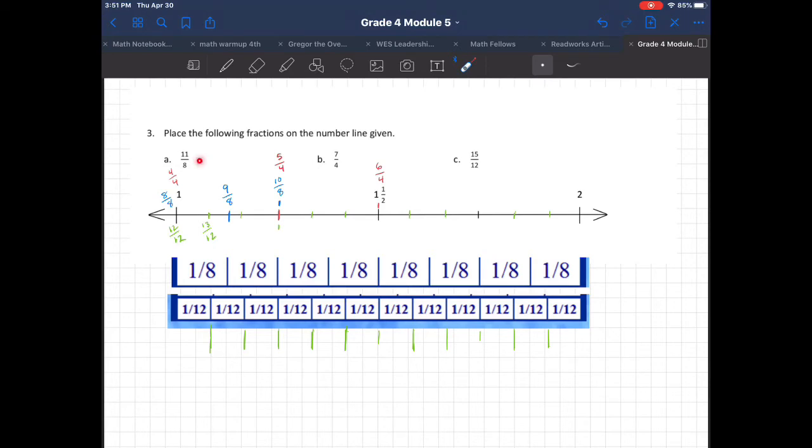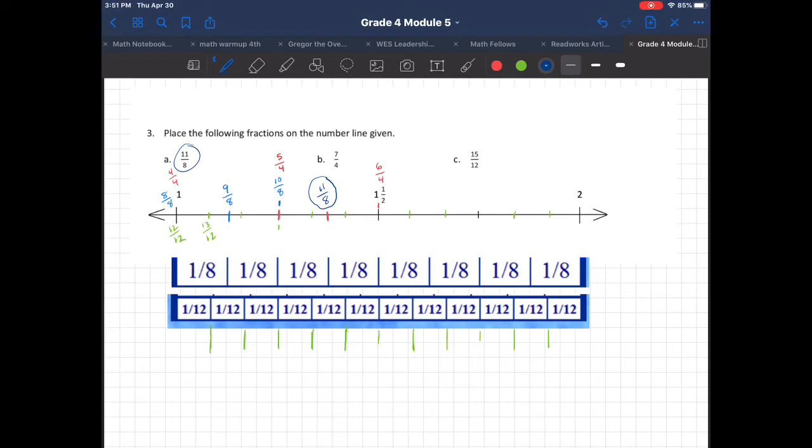So we need to find 11/8. So here's 8/8, 9/8, 10/8. The next eighth is right here. So that would have to be 11/8. So there's my 11/8.